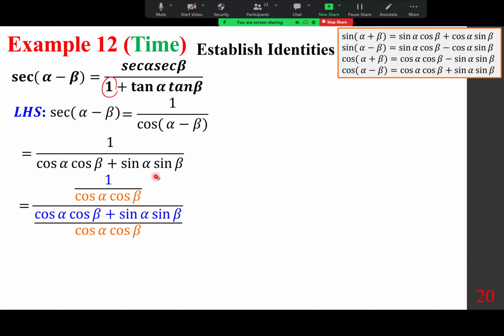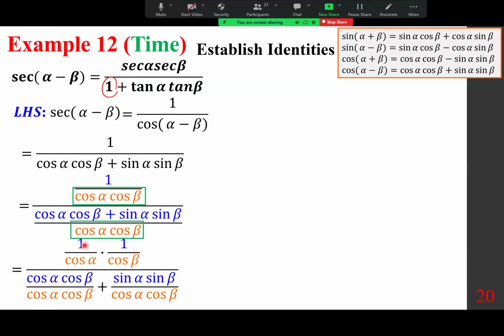Numerator make up 2 fractions because you want to get there. So 1 over cosine alpha times 1 over cosine beta. And this one, 2 fractions. This part divided by that. Okay. So that's what we did. Now, 1 over cosine alpha, secant alpha. 1 over cosine beta, secant beta.